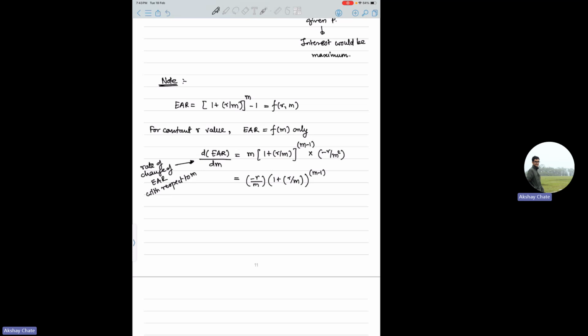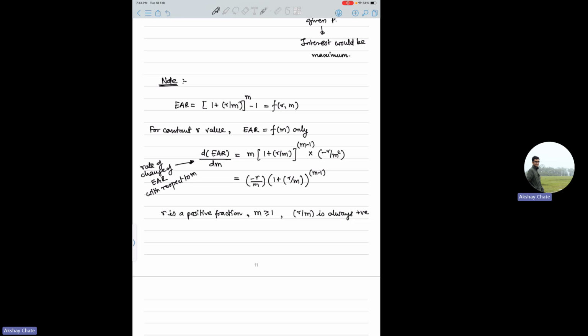So what I mean is, this R value is a positive fraction, let's say, and M is always greater than or equal to 1, because it can be annual or quarterly, etc. So in that case, R by M is always positive, right?